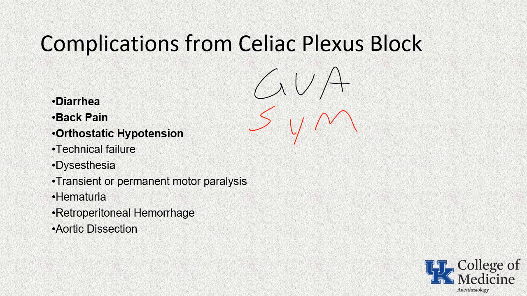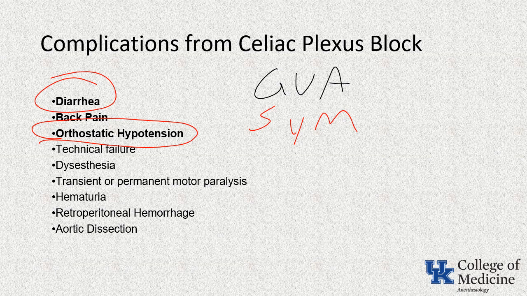If you cause a sympathectomy, you're going to get vasodilation, and with vasodilation, you can get orthostatic hypotension. If you block the sympathetics, you're going to have unopposed parasympathetic, which can cause diarrhea, rest and digest.